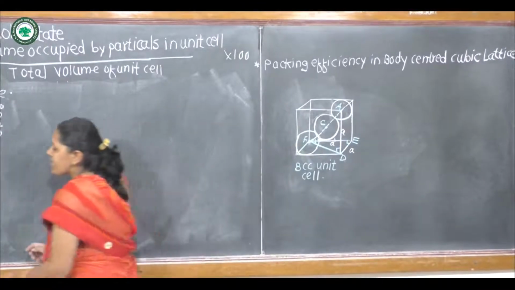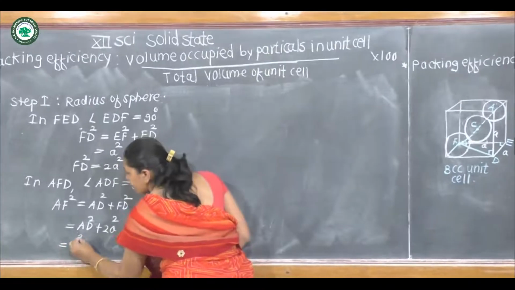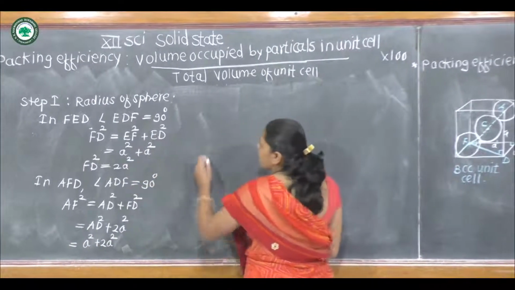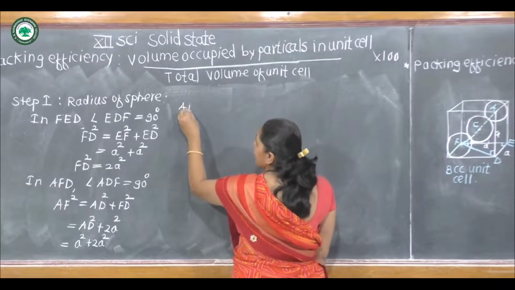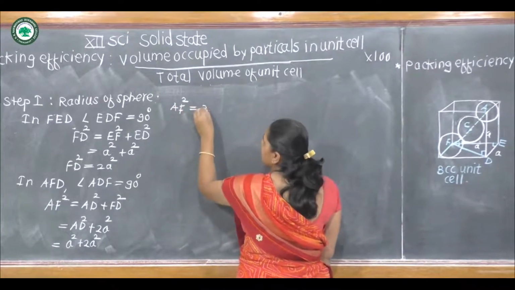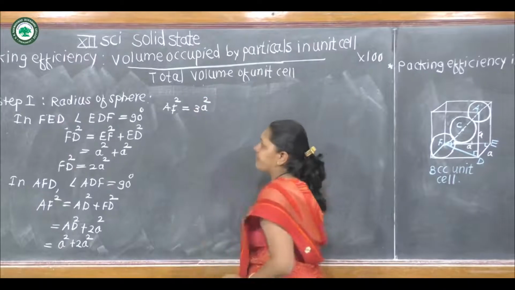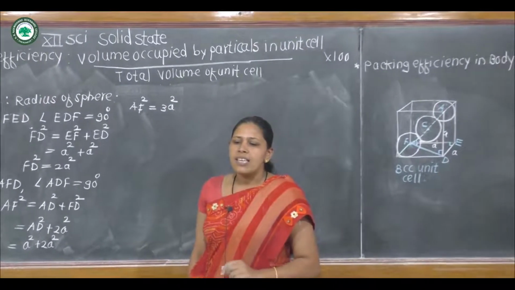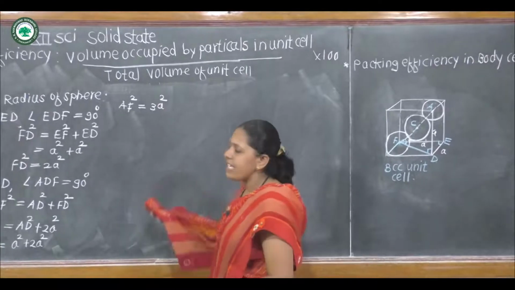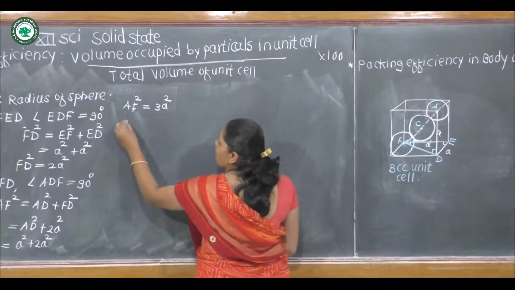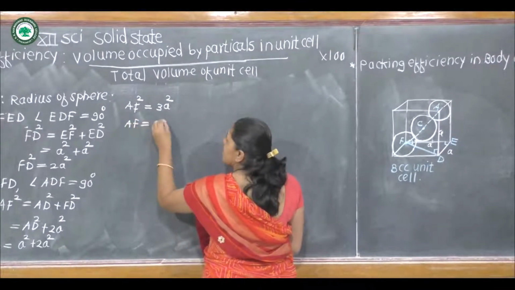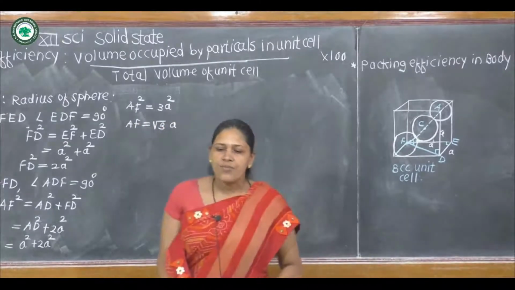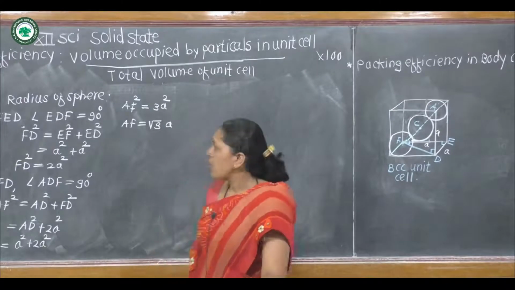Therefore, AF square is equal to a square plus twice a square, which is thrice a square. Then AF is equal to root 3 into a.